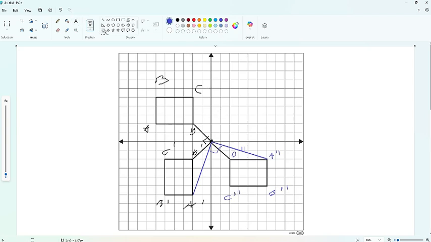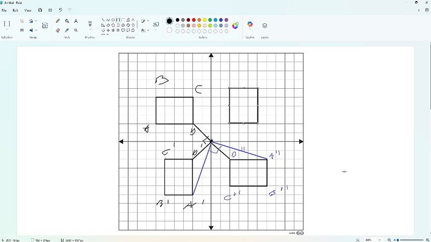The last and final one is a 90-degree rotation clockwise, or rather 270 counterclockwise. Let's see how that would affect the figure. It would be right here.